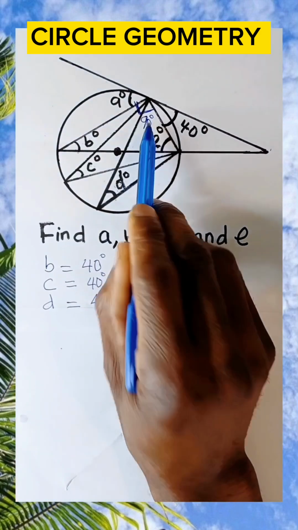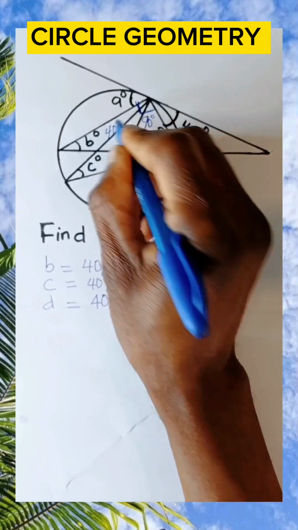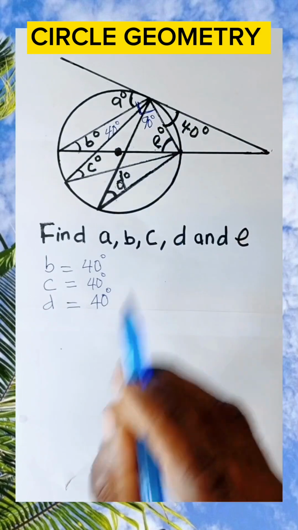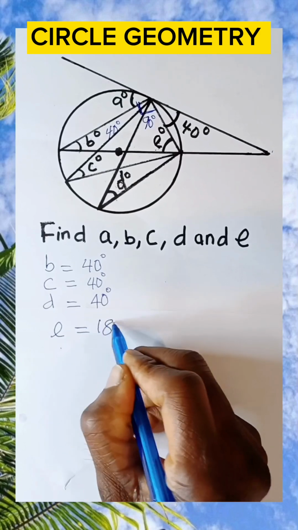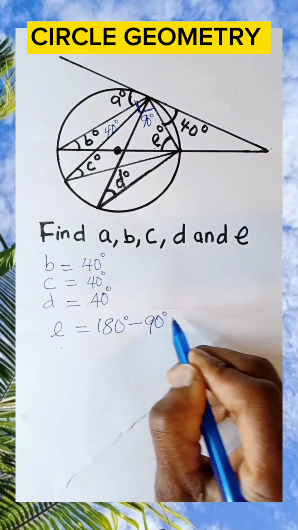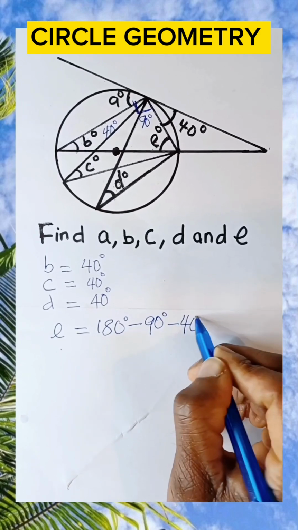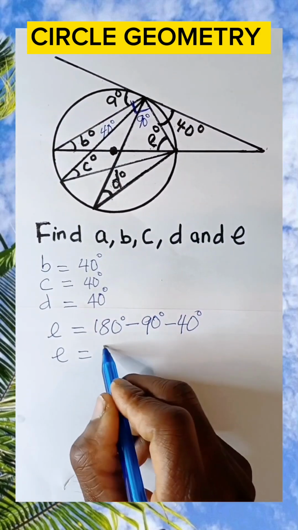Since this is 90 degrees and B is 40 degrees, we can easily find angle E. So angle E is equal to 180 degrees minus 90 degrees minus 40 degrees. So E is equal to 50 degrees.